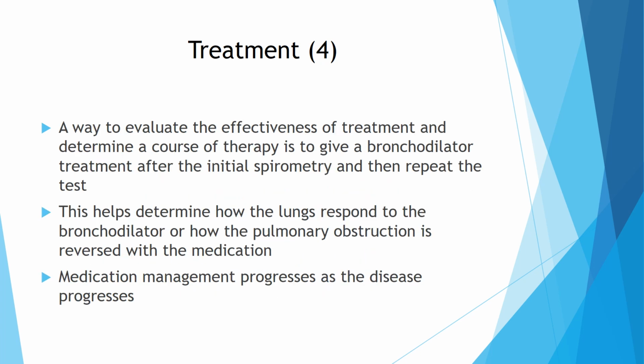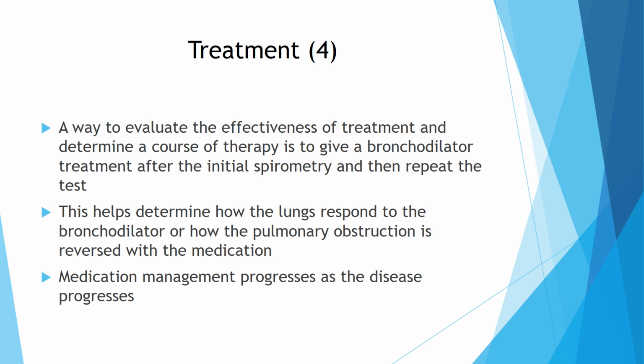A way to evaluate the effectiveness of treatment and determine a course of therapy is to give a bronchodilator after the initial spirometry and then repeat the test. And we said this about asthma, right? The best way that we can know is to get a baseline. So we're going to do an initial spirometry test.